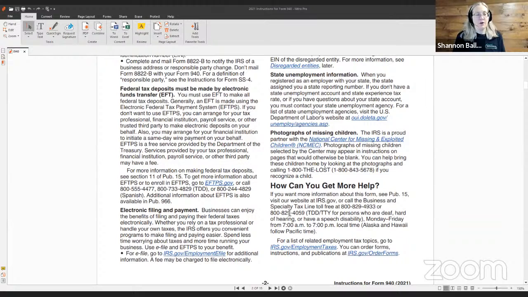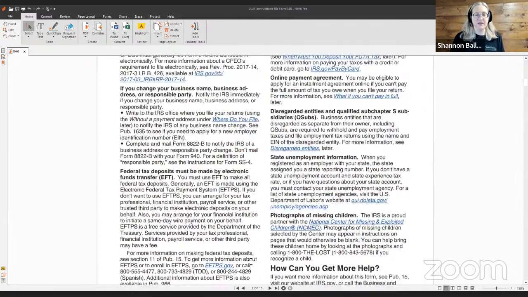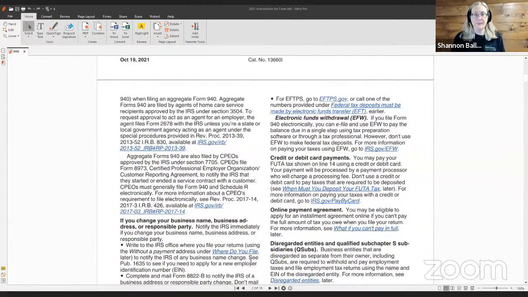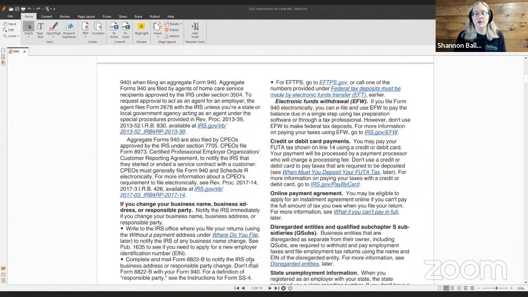For eFile, go to irs.gov/employment eFile for additional information. A fee may be charged to file electronically. For EFTPS, go to EFTPS.gov or call one of the numbers provided under federal tax deposits must be made by electronic fund transfer or EFT, which I literally just read seconds ago.